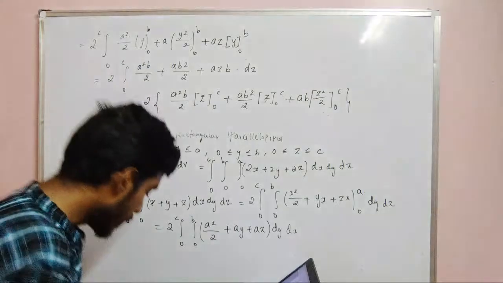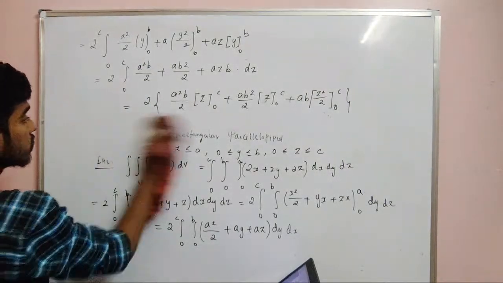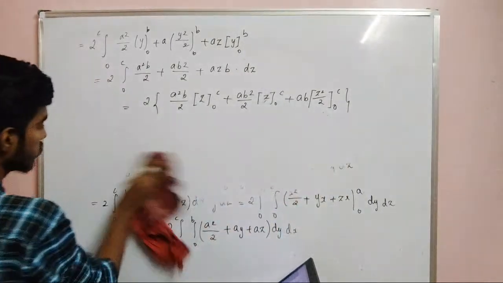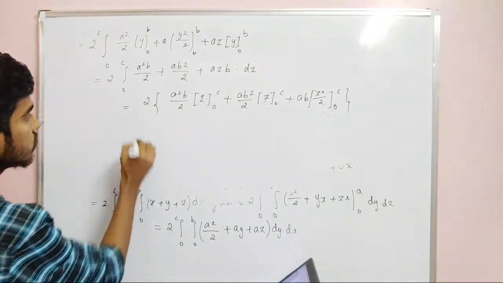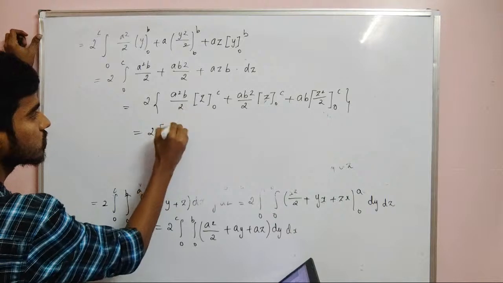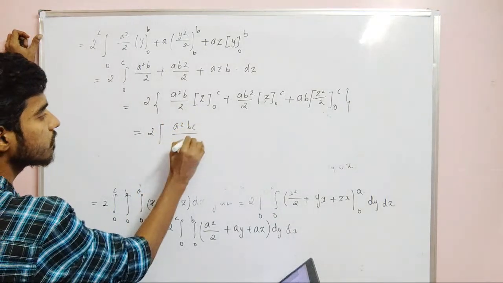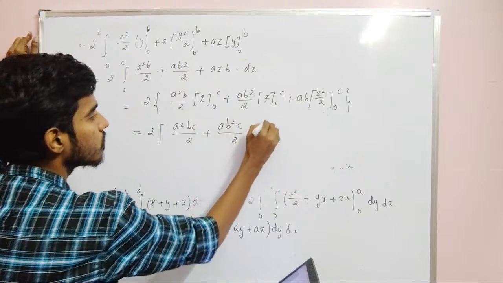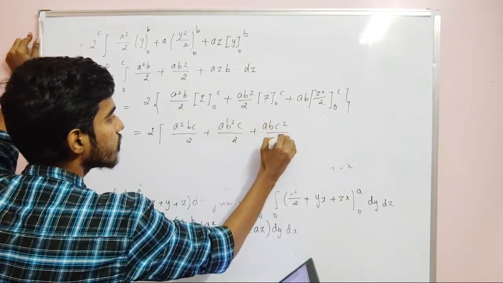So we need to apply the upper limit and the lower limit. So this will be 2 times a square bc by 2 plus ab square c by 2 plus abc square by 2.